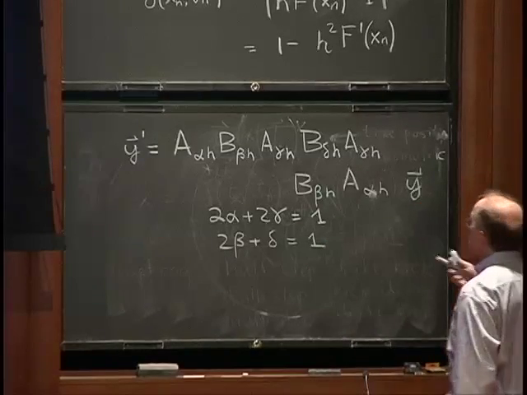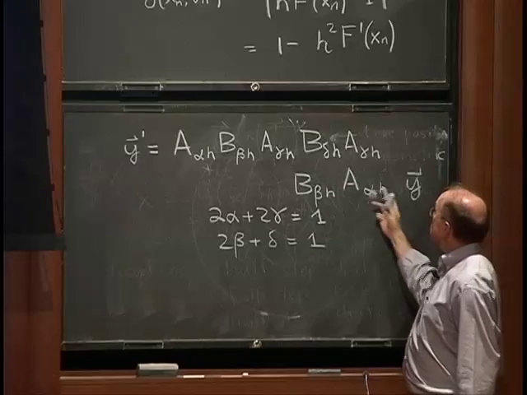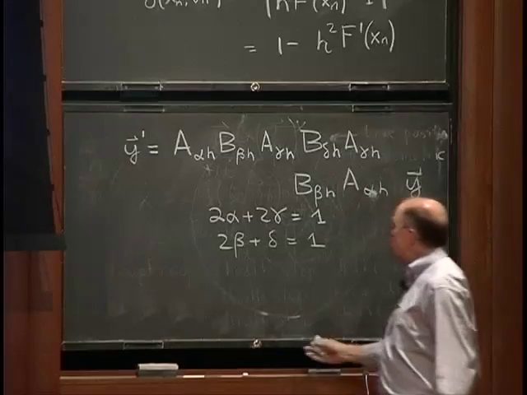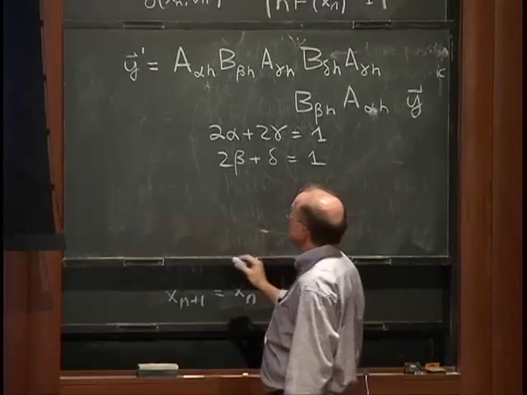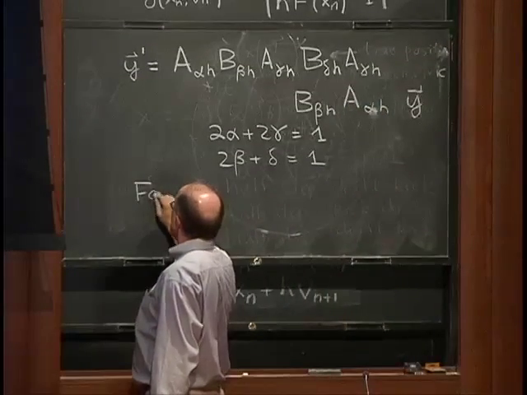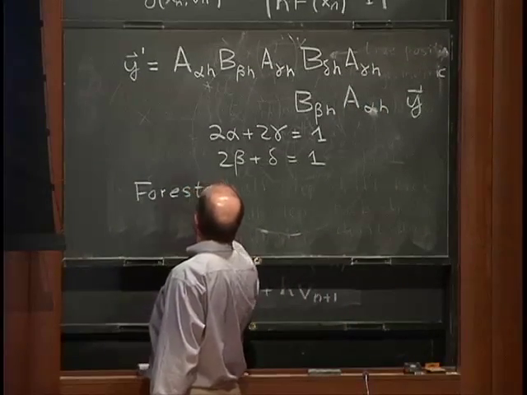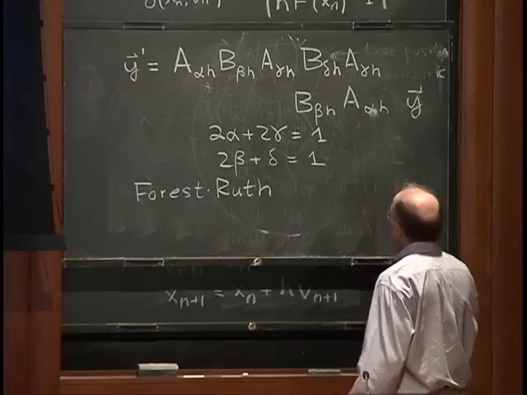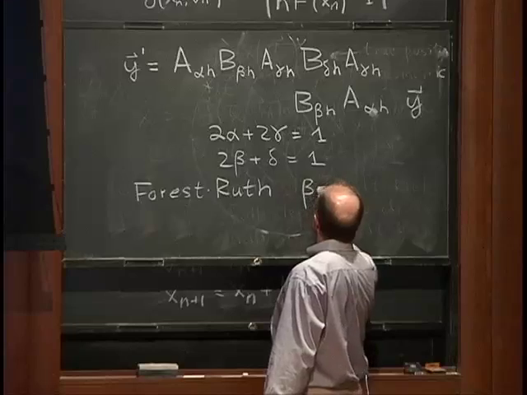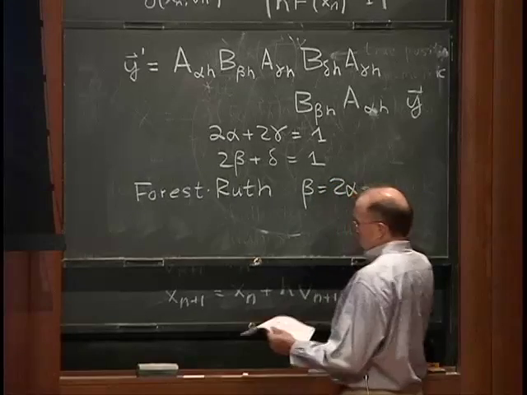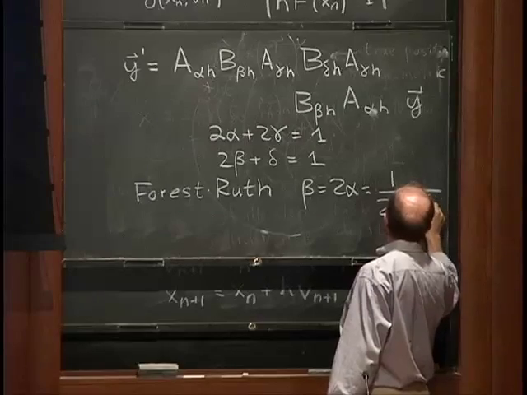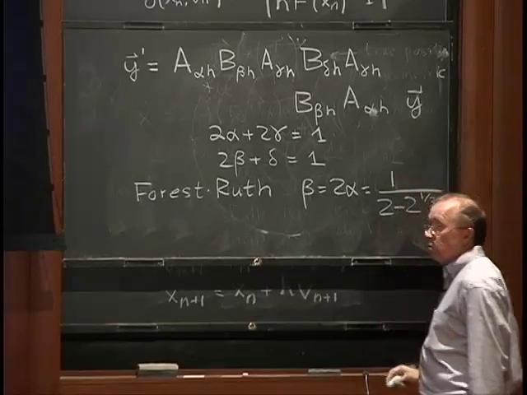So you can choose the other 2 numbers to make this a higher order scheme than Leapfrog. This strategy was first recognized by Forest and Ruth, and this is sometimes called the Forest-Ruth integration algorithm. It turns out that the answer is that beta is 2 alpha is 1 over 2 minus 2 to the 1/3.